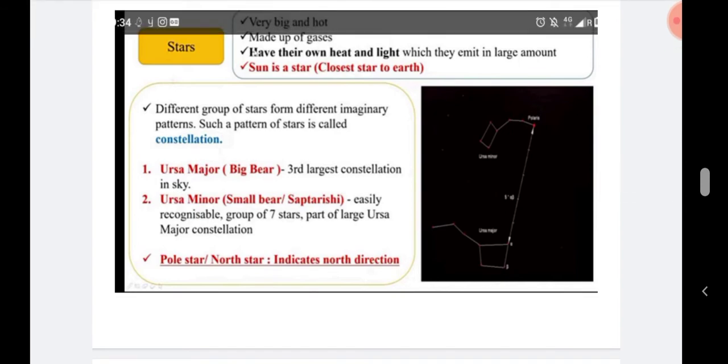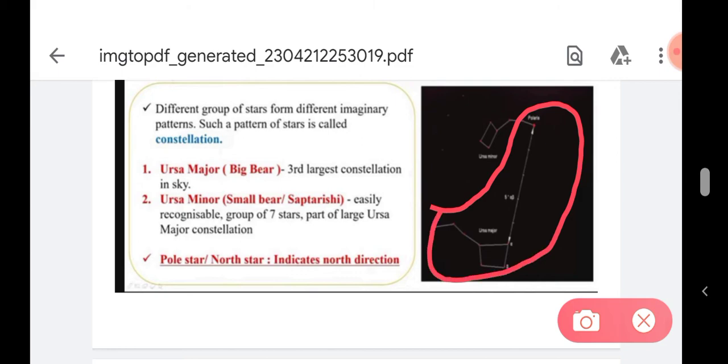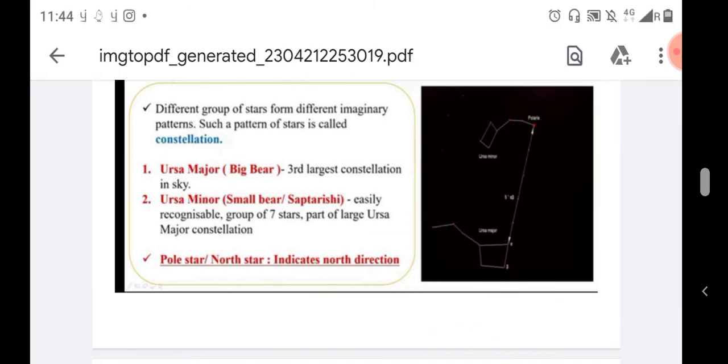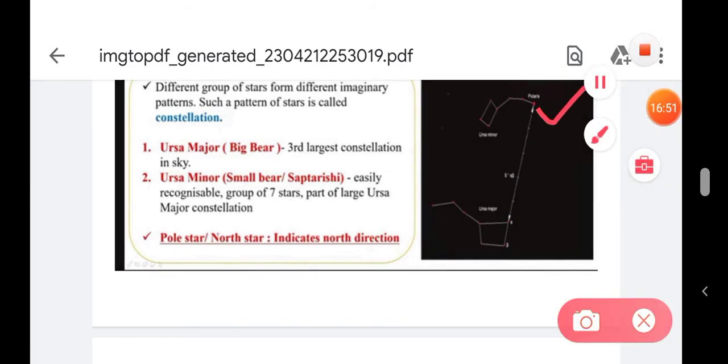In this figure you can also see the Saptarishi, this group of seven stars, the Ursa Minor. और आप अगर इस फिगर को इजीली देखते हो, that is the figure of Saptarishi, and in this figure you can see that if you match these lines, and in the front of this you can see that this star is showing you the north pole, okay.